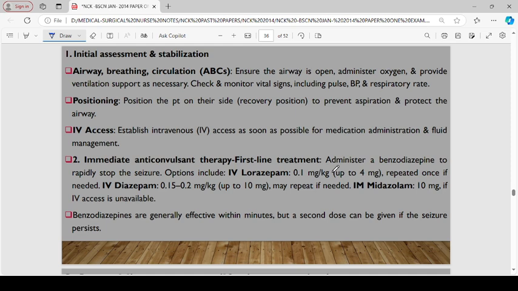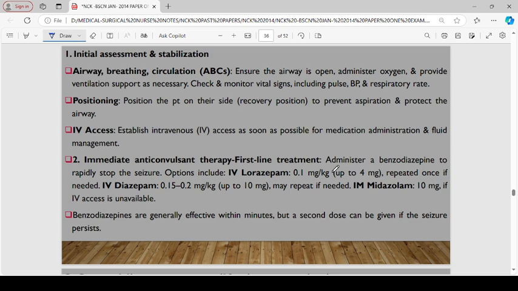Number 2 is about immediate anticonvulsant therapy. Remember, first line treatment, you administer a benzodiazepine to rapidly stop the seizure. Options could be IV lorazepam, 0.1 milligrams per kg up to 4 milligrams, repeated once if needed, or IV diazepam, the Valium, 0.15 to 0.2 milligrams per kg up to 10 milligrams.